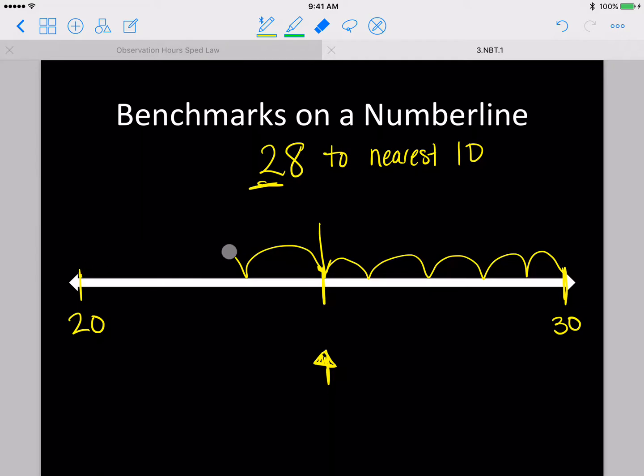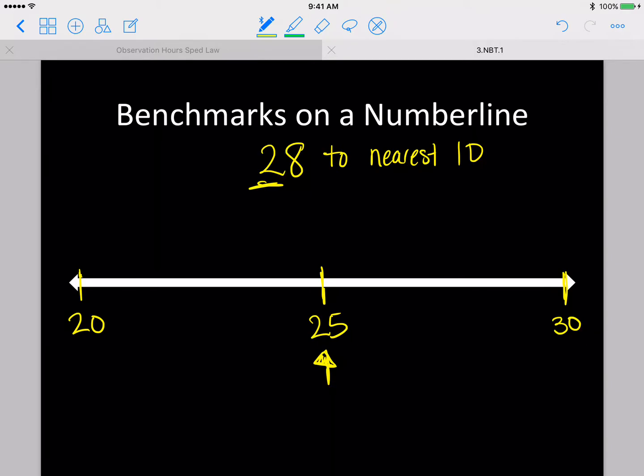We've taken 5 jumps between 20 and 30. That was 25. So 25 goes in the middle on this one, because if our range is 10, what's in the middle is going to be 5 units. So 25 goes in the middle here.